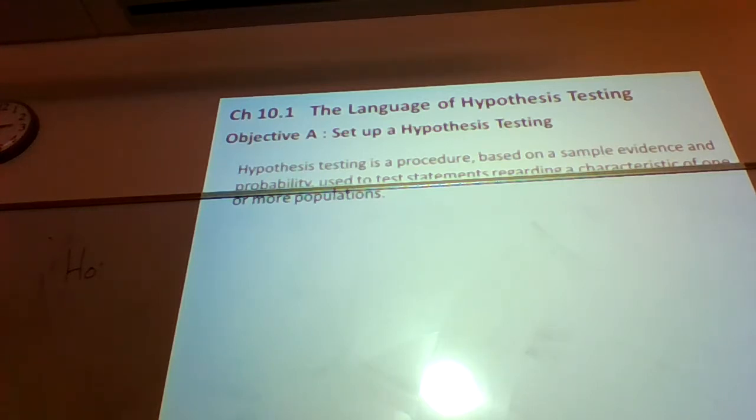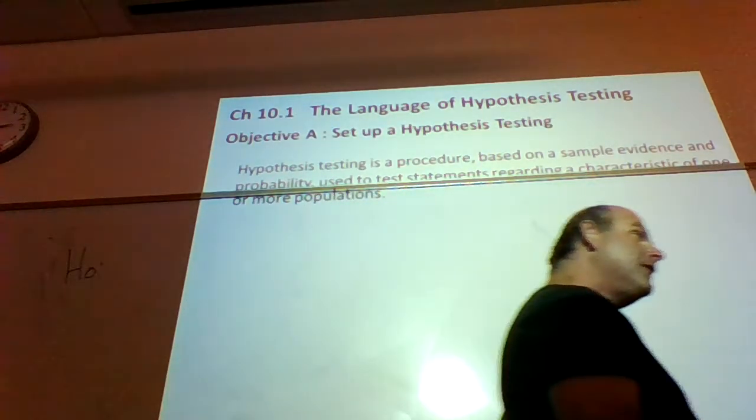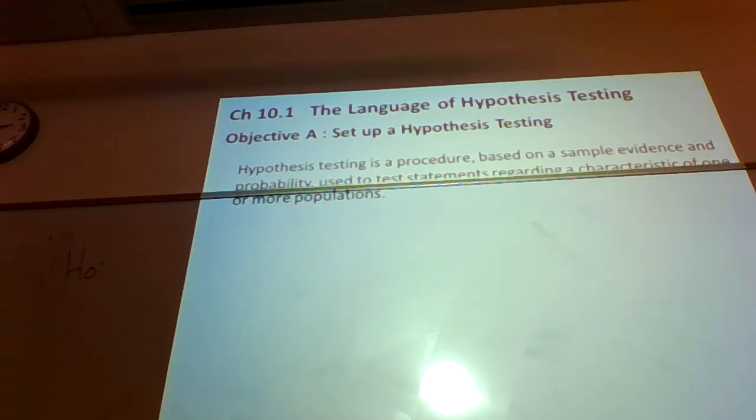Population mean. Good, thank you. Mu is the population mean, and P is the population proportion.